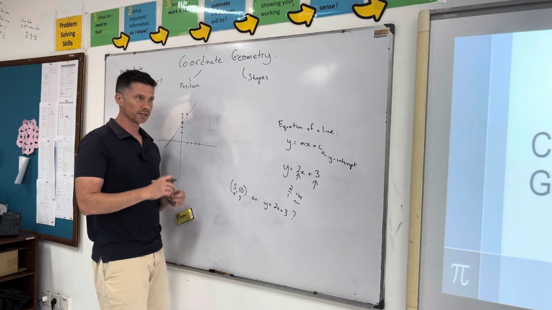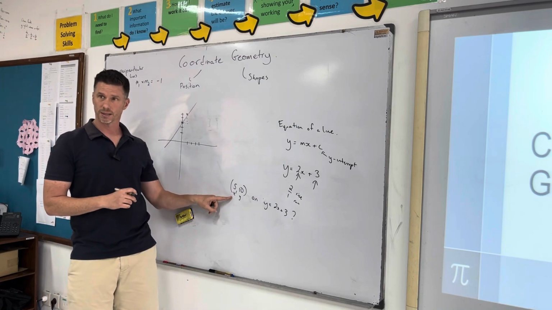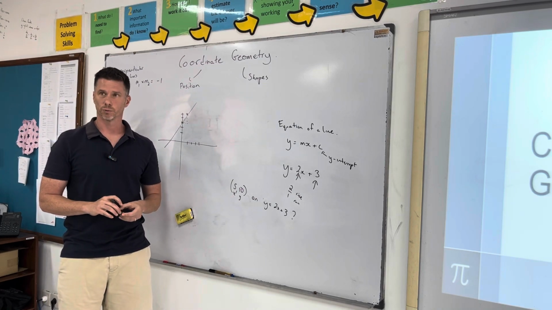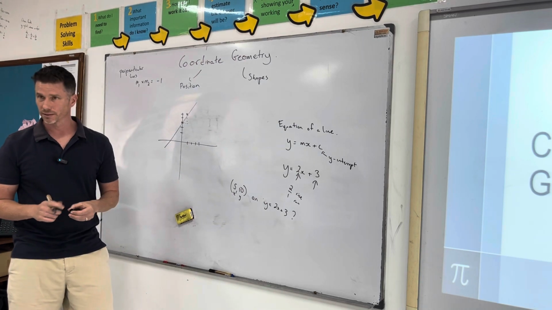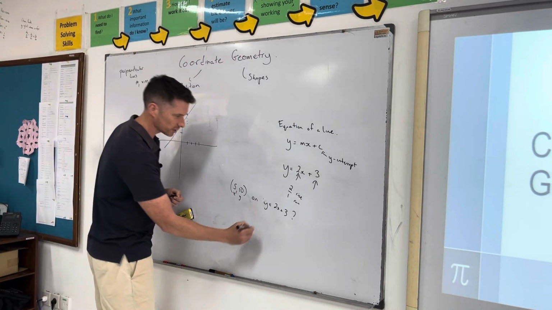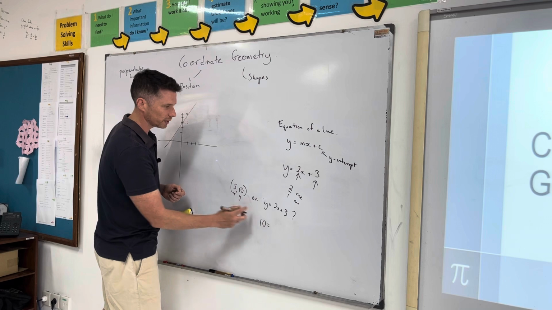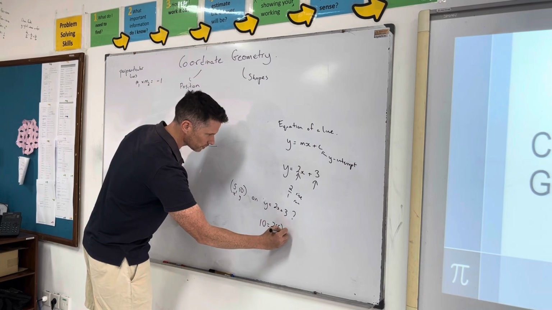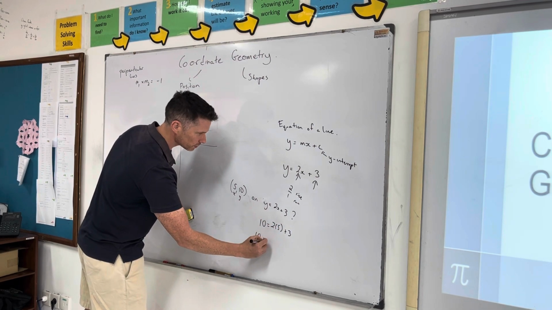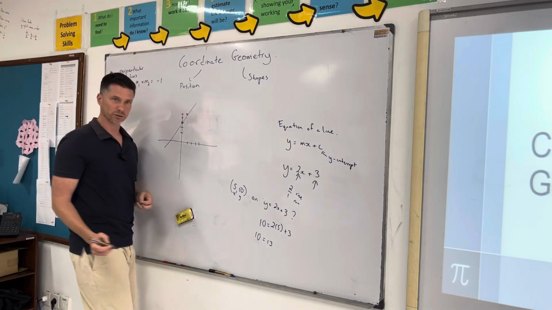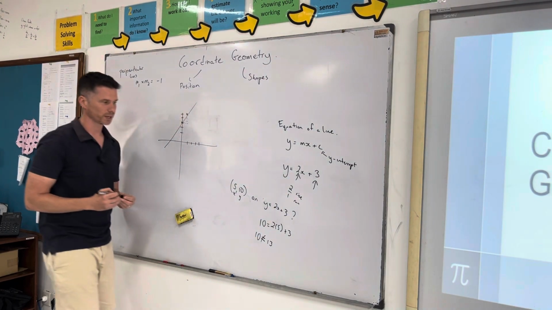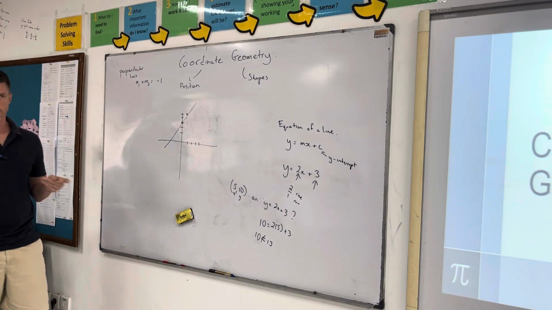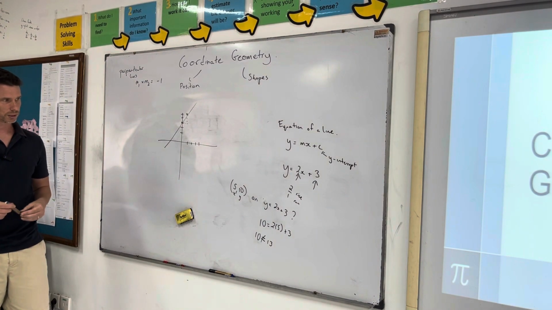It will have a point at 5. We're just not too sure what the y one will be. So is it on the line? No. Or you could test it out. 10 in for y, 2 times 5 plus 3. So we get 10 is equal to 13. Of course, that is not true, so that's not equals, and therefore not on the line. If it was on the line, you expect that to be equals.